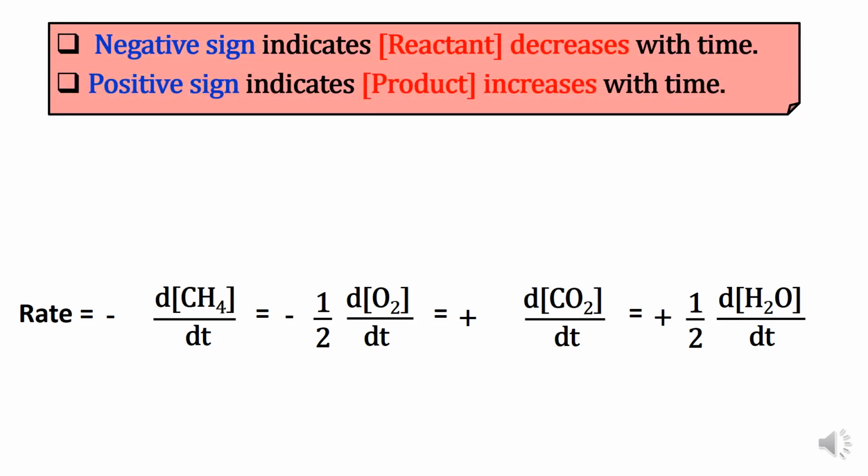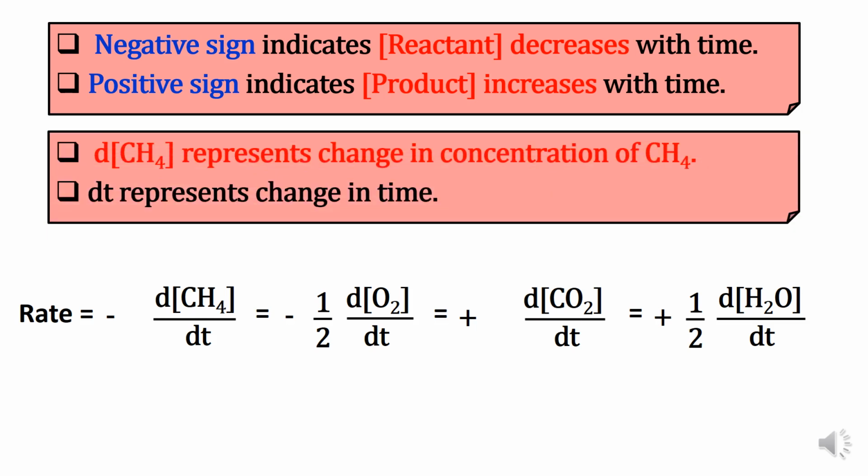Negative sign indicates the concentration of reactant decreases with time. Positive sign indicates concentration of product increases with time. d[CH4] represents change in concentration of CH4, and dt represents change in time.